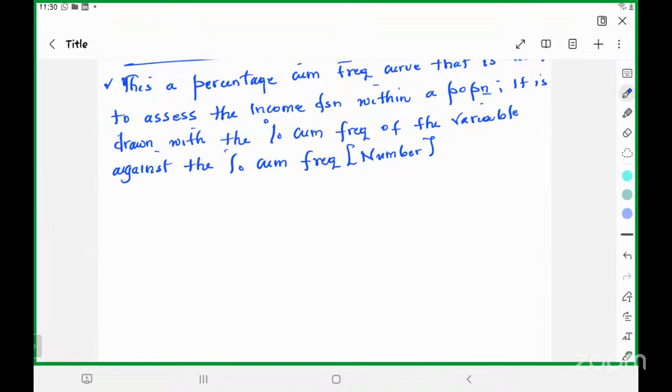So it's a unique graph. It is that graph where you'll have cumulative frequencies on the horizontal.